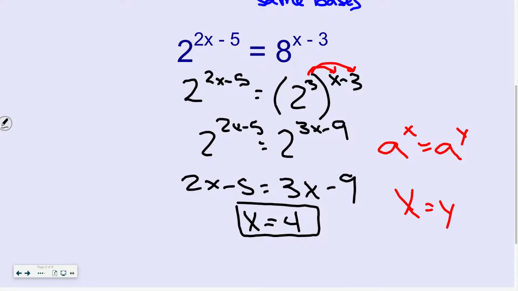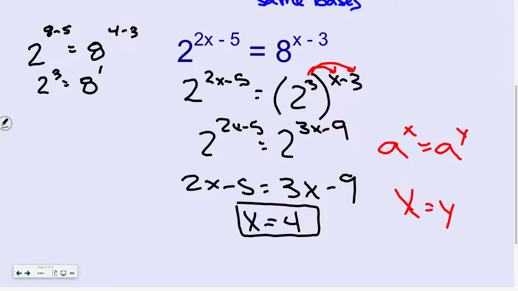Okay, but we want to plug it back into this one up at the top. So that would be 2 to the 8 minus 5 when I put in 4, and 8 to the 4 minus 3 is 2 cubed equal to 8 to the first? Sure. Okay. So you do have that option to plug it back in and make sure that it's a valid answer.